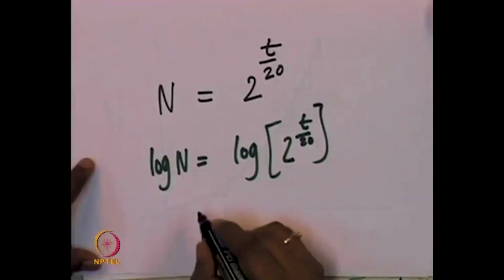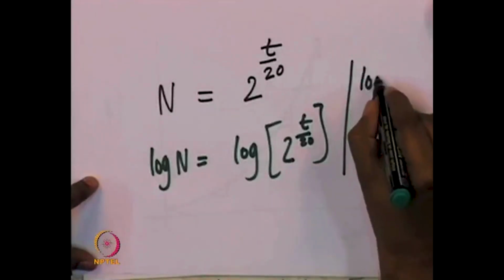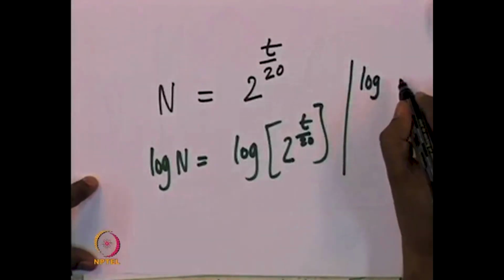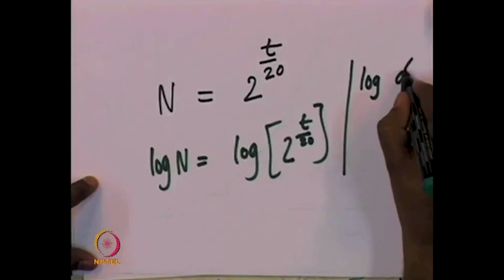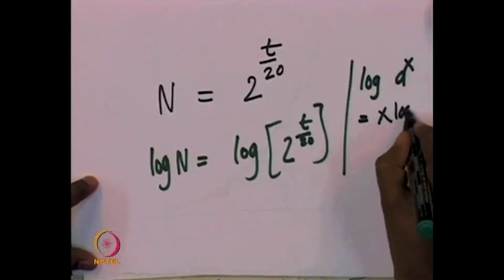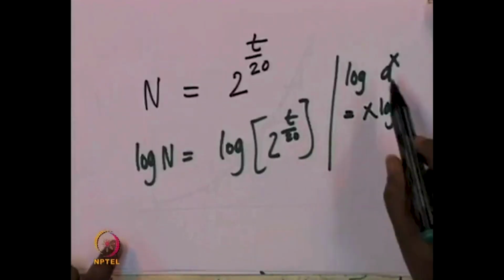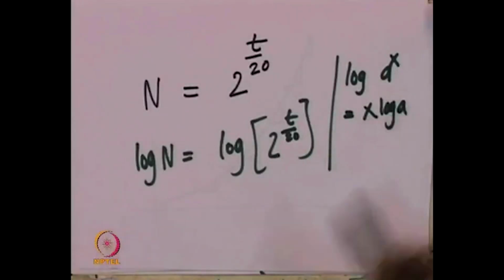Now, it turns out that log of a power x is nothing but x log a. So, this is the rule: log of a power x is x log a.